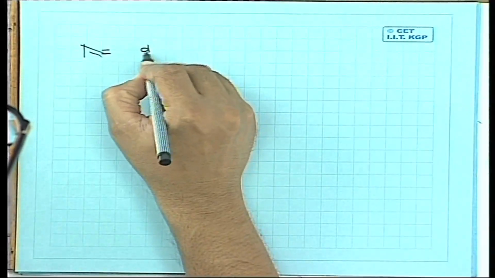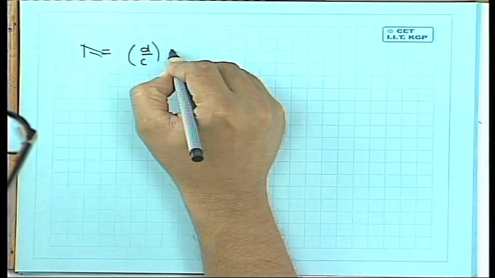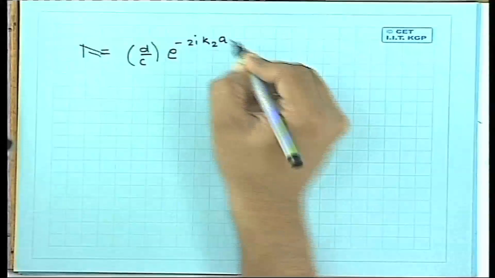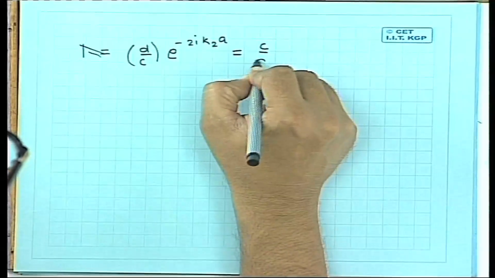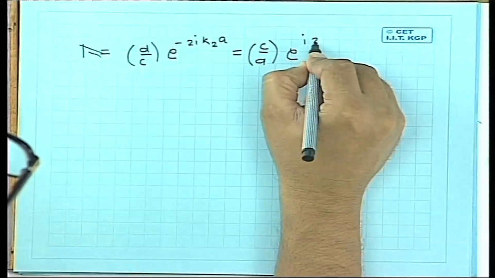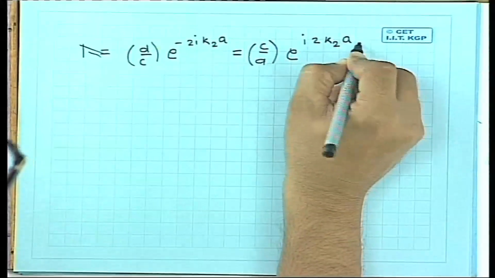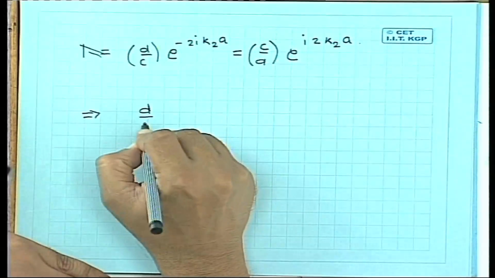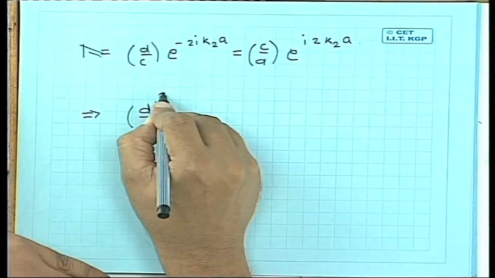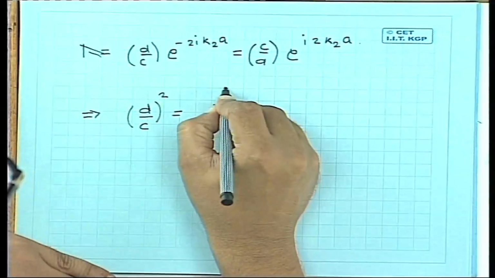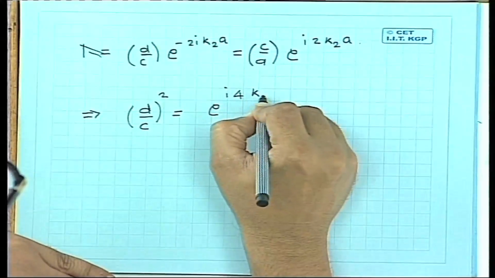So what we have is, let us just equate it first, D by C e to the power minus 2I k2A is equal to C by D e to the power I 2 k2A, or what this implies finally is that D by C squared is equal to e to the power I 4 k2A.